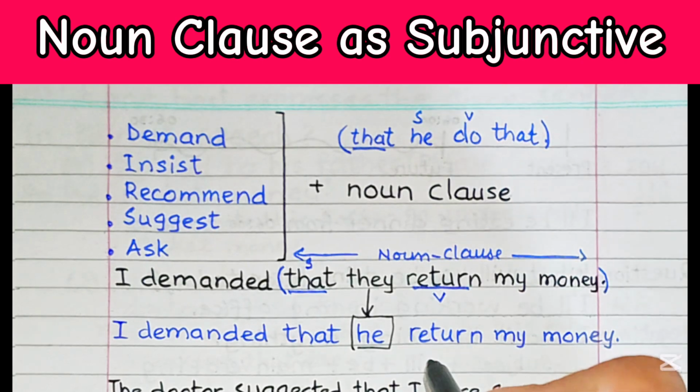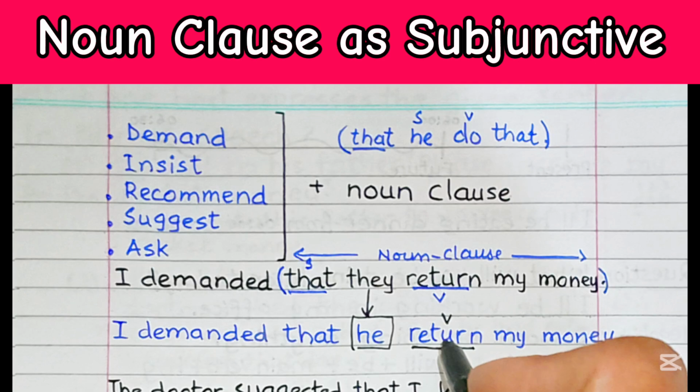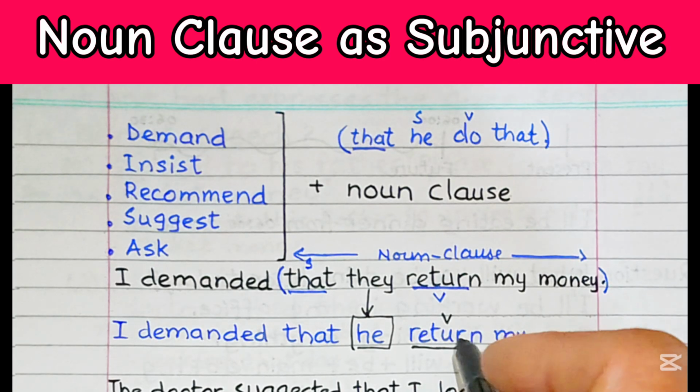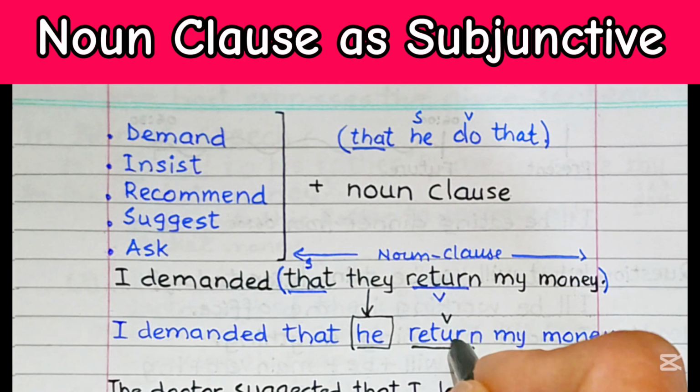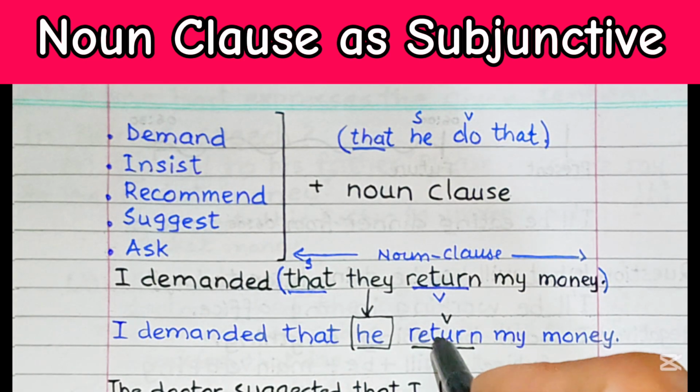Notice that this verb return remains without s. We don't add s. Normally in present tense we do add s with this verb. But notice that this return doesn't change. They return, he return. So this is the subjunctive mood.